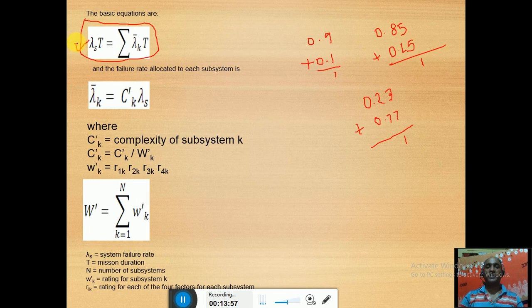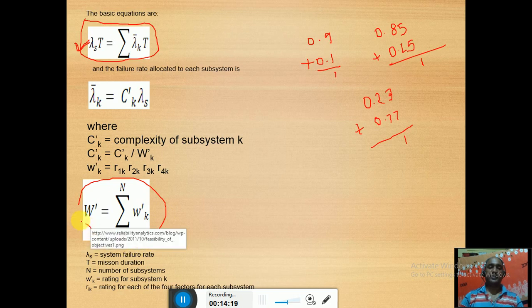So lambda represents the failure rate. T represents the time for which the component is going to work. Now these equations seem to be somewhat difficult to understand and remember, but they are very simple. This equation is important here.